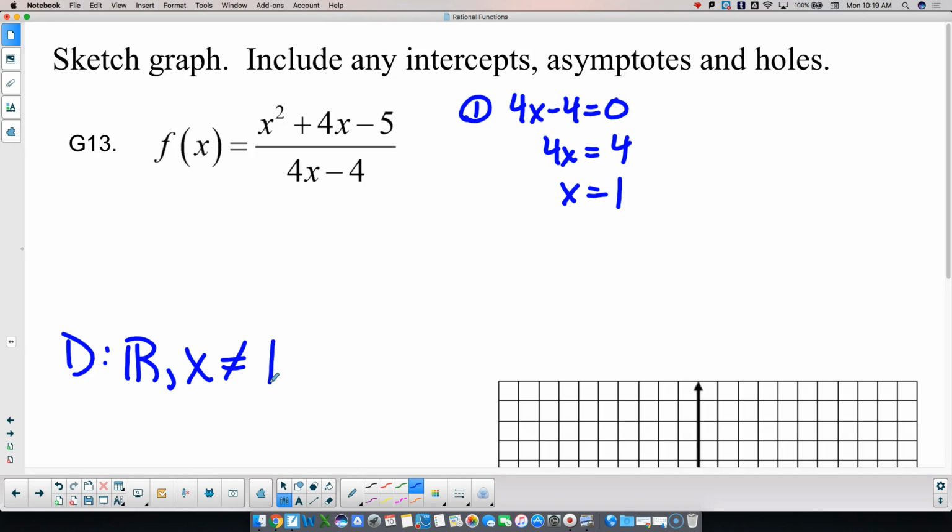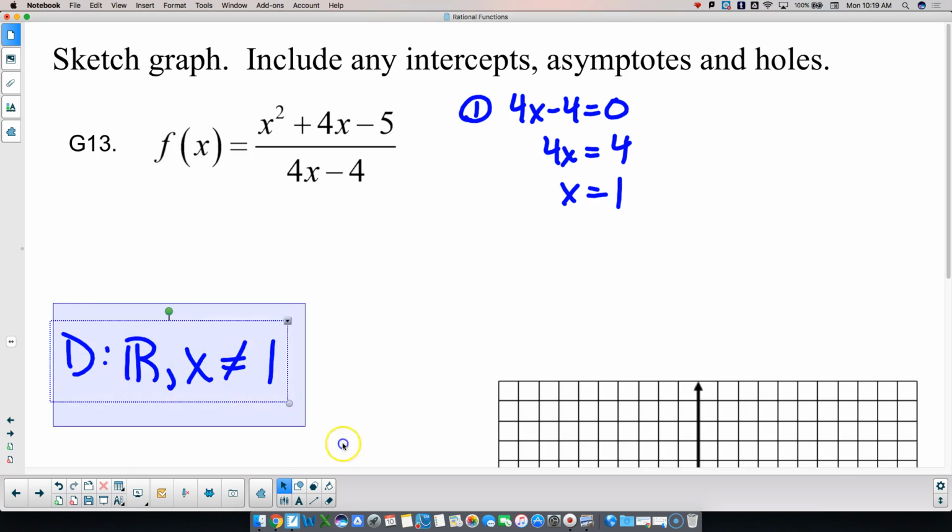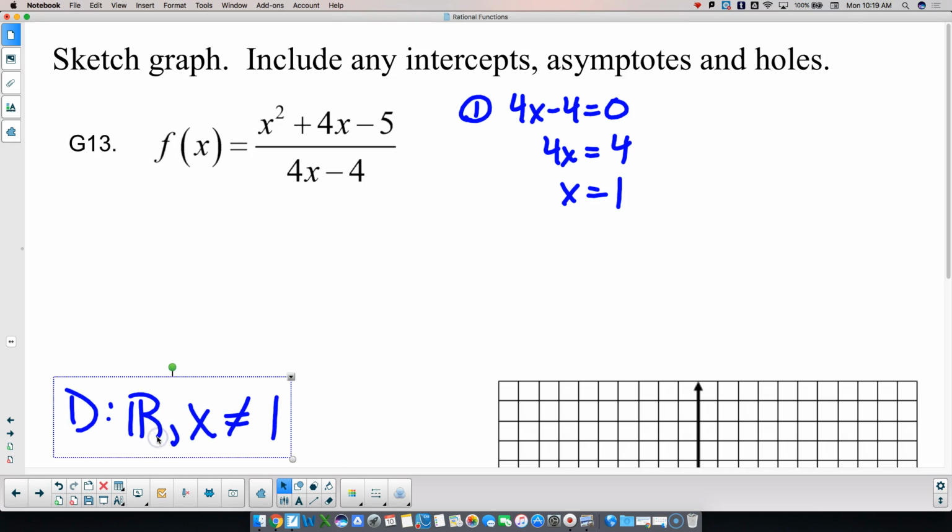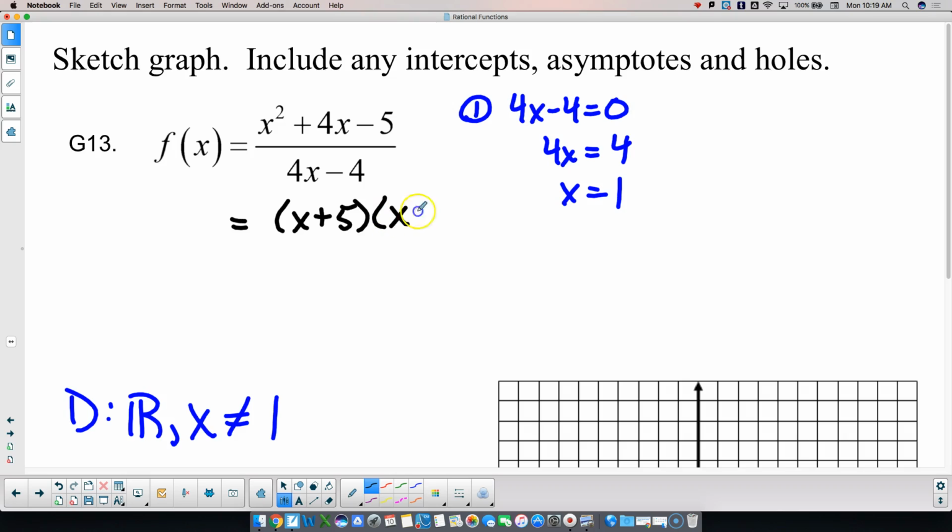Agree. Step 1.5. What does step 1.5 tell us? Factor the numerator and factor the denominator, right? So this becomes x plus 5 and x minus 1. This becomes 4 and x minus 1. Agree.